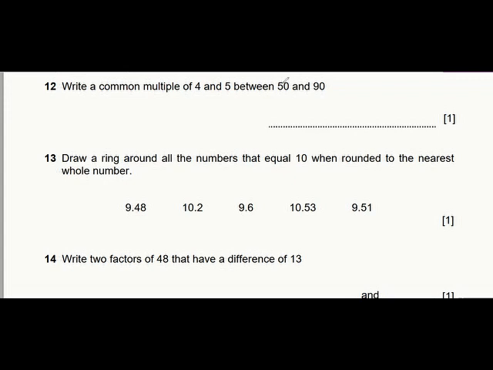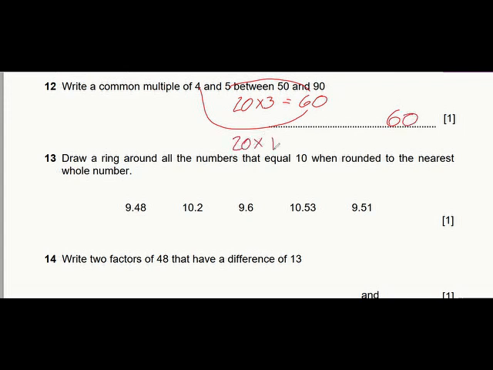And 20 can give me an easy idea around here, between 50 and 90. Now you got it. 20 times 3 is 60. So 60 is divisible by 5? Yes. 60 is divisible by 4? Yes. So 60 is between 50 and 90? All right. So 60 is one of the possibilities.